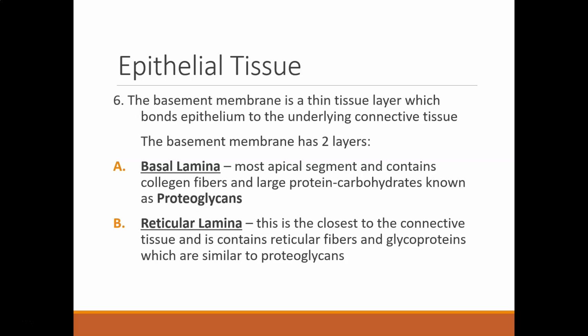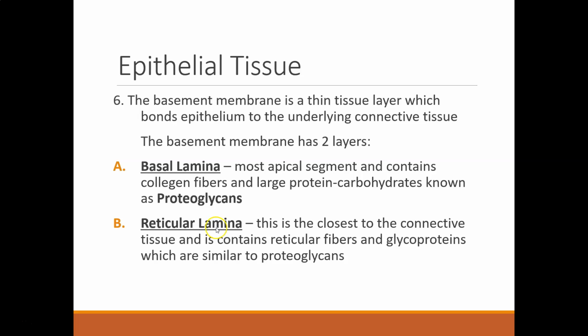And the reason this is called the reticular lamina, whereas we saw that the basal lamina contains collagen fibers, is that the reticular lamina contains reticular fibers, and it lies closest to the connective tissue. So the basal lamina lies closest to the epithelial tissue and has collagen fibers.